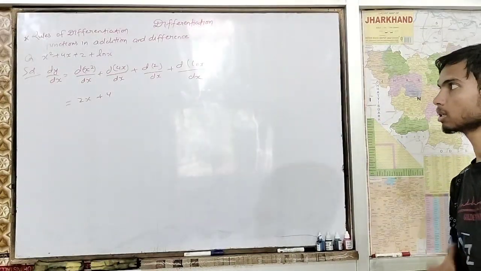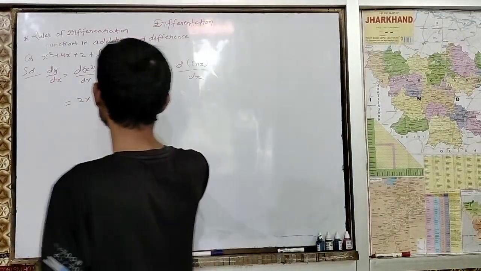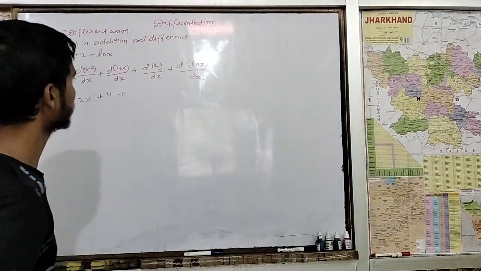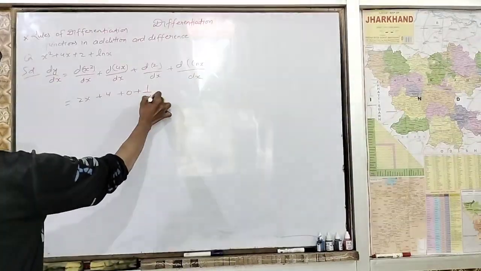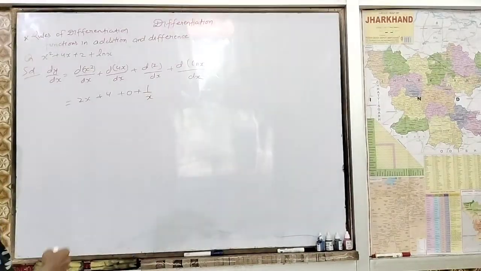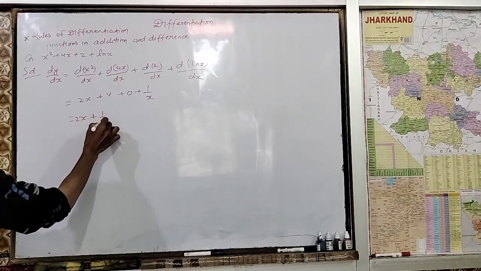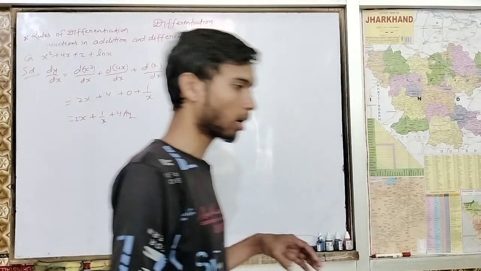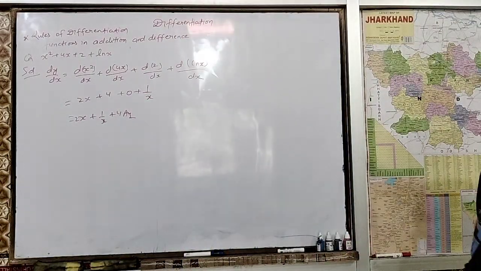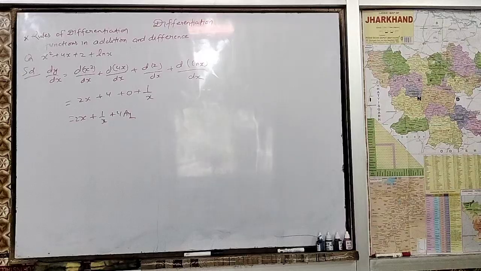Next, differentiation of 2 is 0, and differentiation of ln x is 1 upon x. So 2x plus 1 upon x plus 4. This is your answer. When you differentiate this, it will give you the next output.